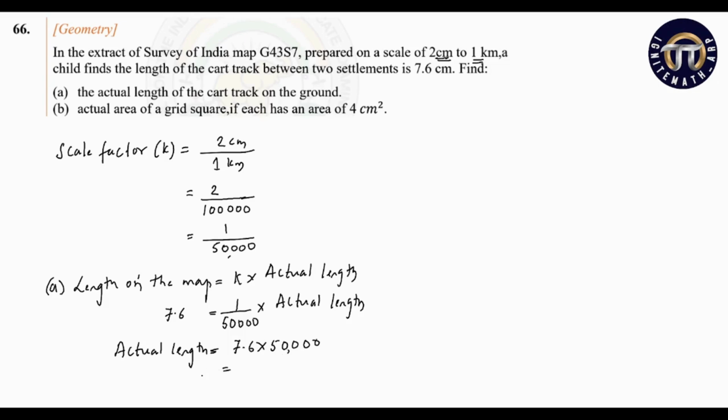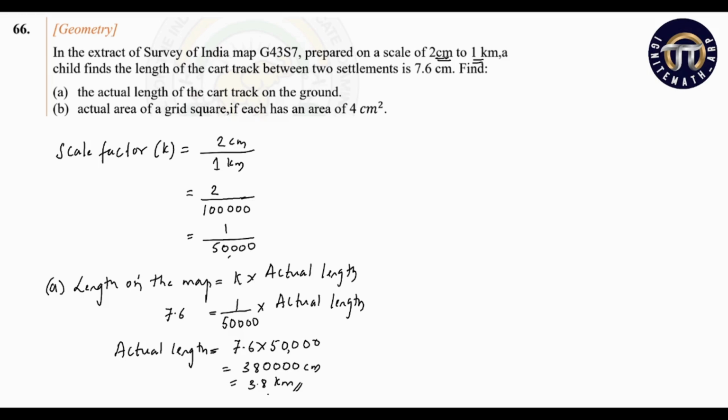Clear, children? So 7.6 into 50,000, I'll be getting this one as 38 followed by 4 zeros. That is that much centimeter. So this much meter, so I can say it is 3.8 kilometer. So later, actual area of the grid square, if each has an area of 4 centimeter square.